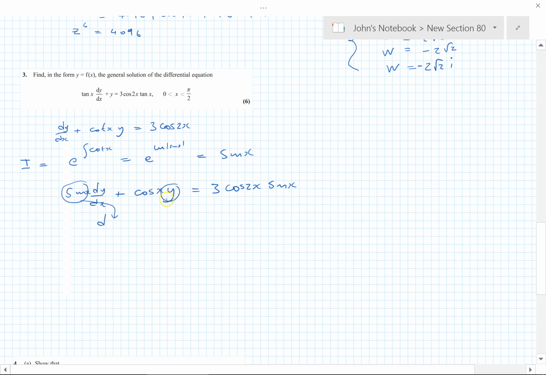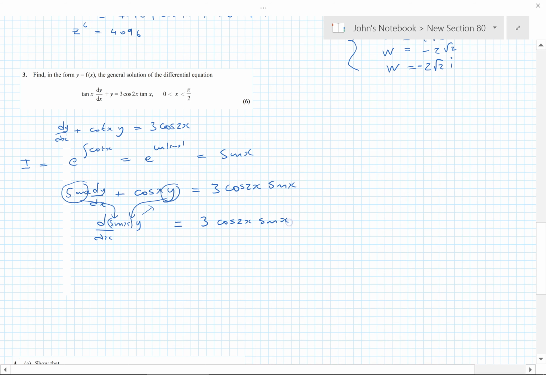If we've applied the integrating factor correctly, it'll be d by dx of sin x times y, which will be what it is above. And you will see if you use the product rule, it's good to check backwards, that if you use the product rule to expand that out, you would get what you get above, so it works. It should do if we've done the integrating factor right, but it's a useful check to see if it works.